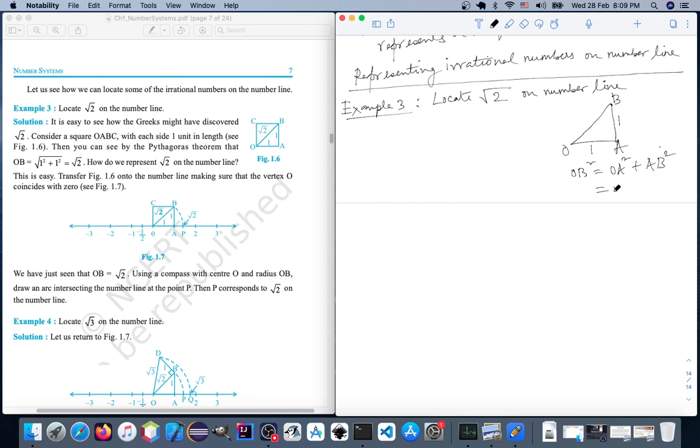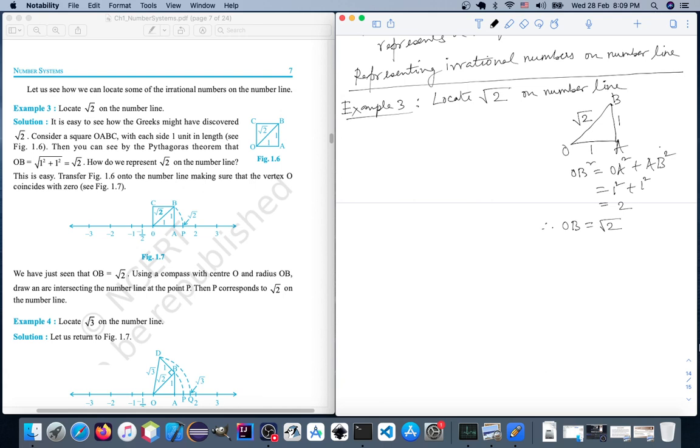This equals 1 square plus 1 square. This is 2. Therefore, OB is square root of 2. So length of OB is square root of 2. So this concept has been used to locate the irrational number root 2 on the number line.